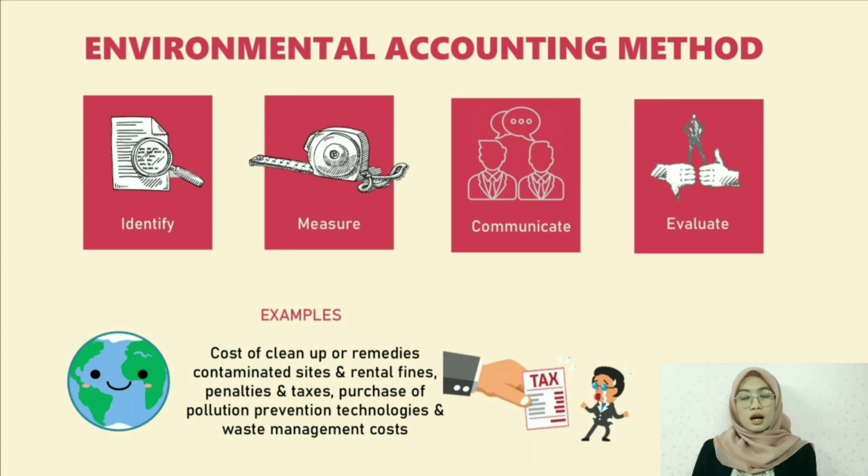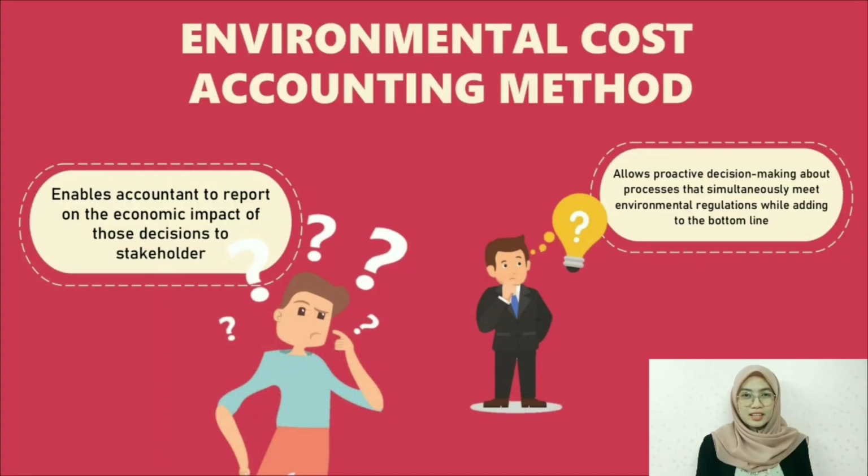The costs include the cost of cleaning up or remediating contaminated sites, environmental fines, penalties and tax, purchase of pollution prevention technologies, and waste management costs. It enables accountants to report on the economic impact of those decisions to stakeholders. It also allows proactive decision making about processes that simultaneously meet environmental regulations while adding to the bottom line.